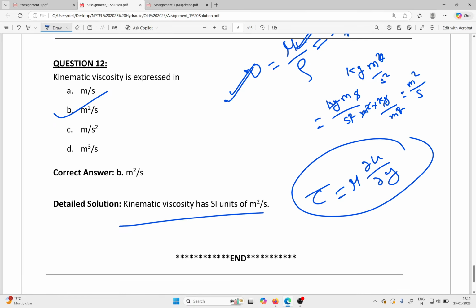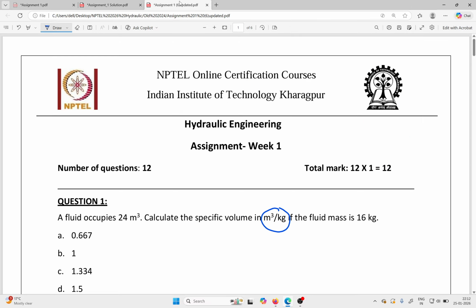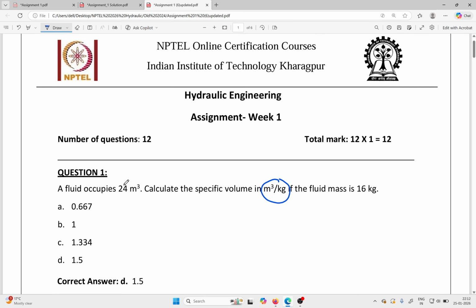Now let us solve the next set of questions, 2024. A similar question here. A fluid occupies 24 meter cube. Calculate the specific volume in meter cube per kg if the fluid mass is 16.